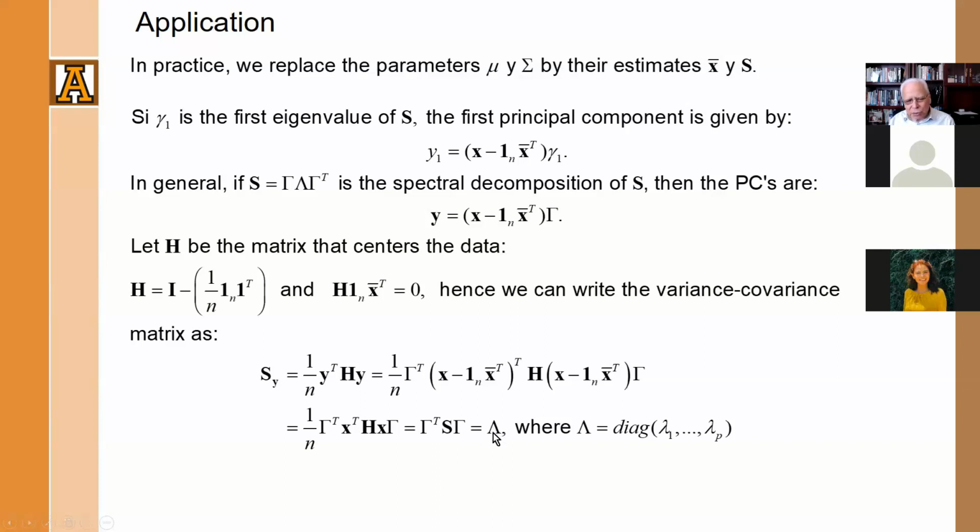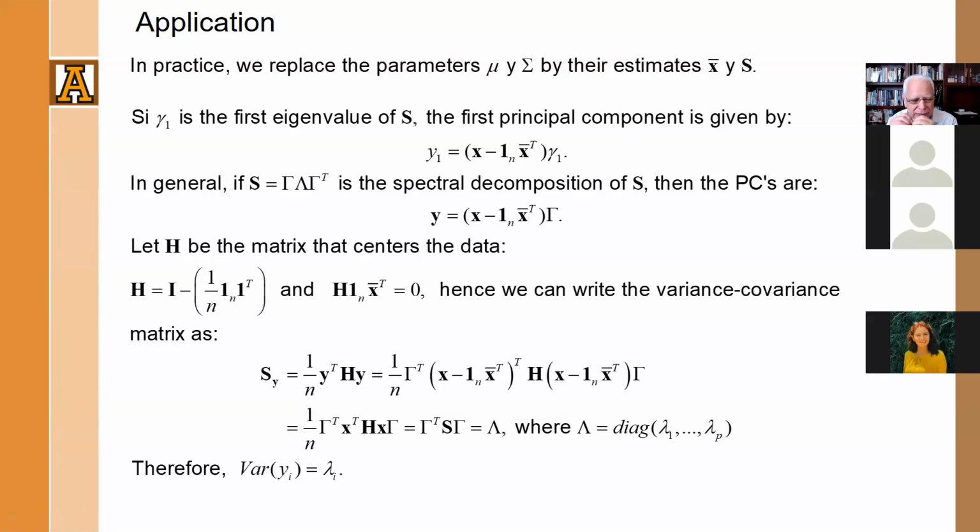And that's equal to the diagonal matrix that has the eigenvalues. Okay, it simplifies notation, and we simplify the way we express these matrices. Now we have our lambda matrix that has the eigenvalues equal to gamma transpose S gamma.